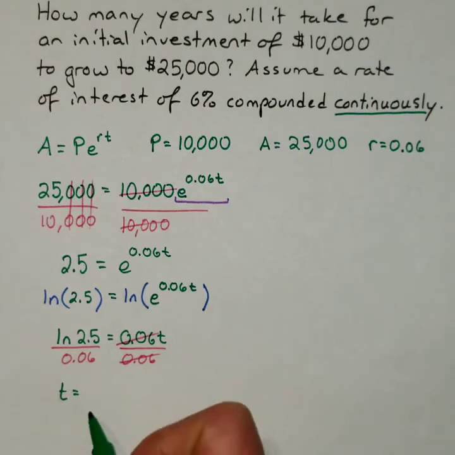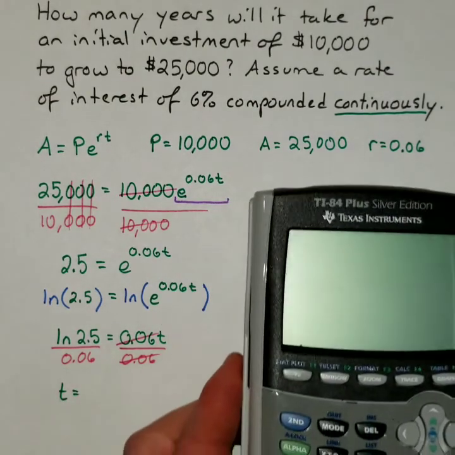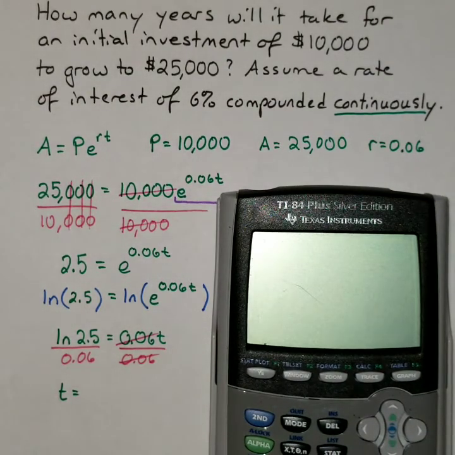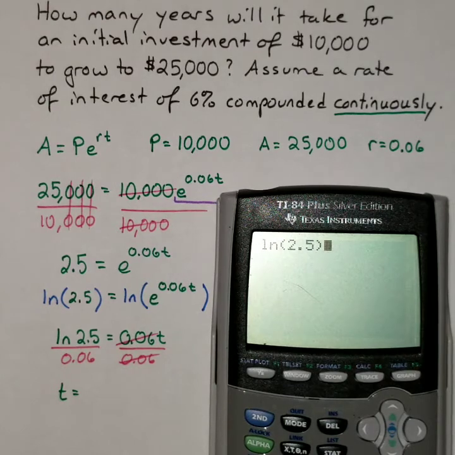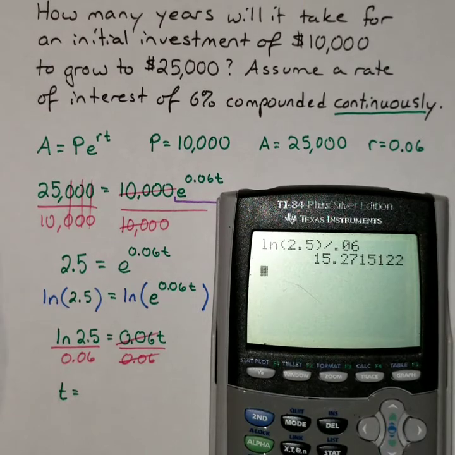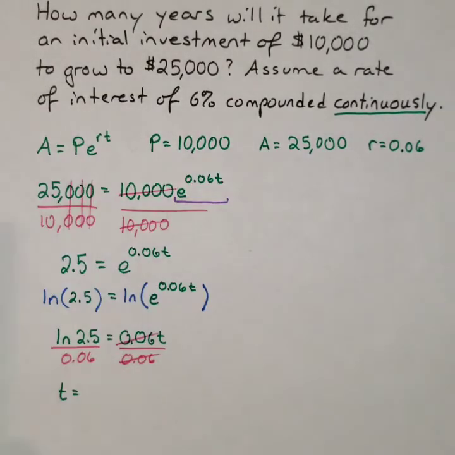I've got to calculate this thing. So I'll go to my calculator here real quick. The natural log of 2.5, close the parenthesis. If you don't close that parenthesis, you're going to get a wrong value. Divide by 0.06. We should get about 15.3 years.